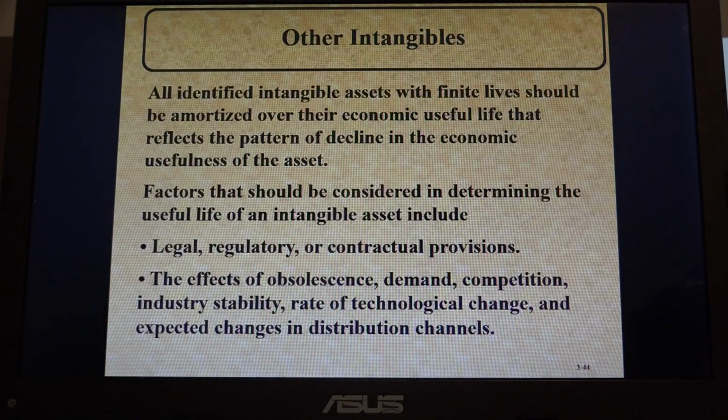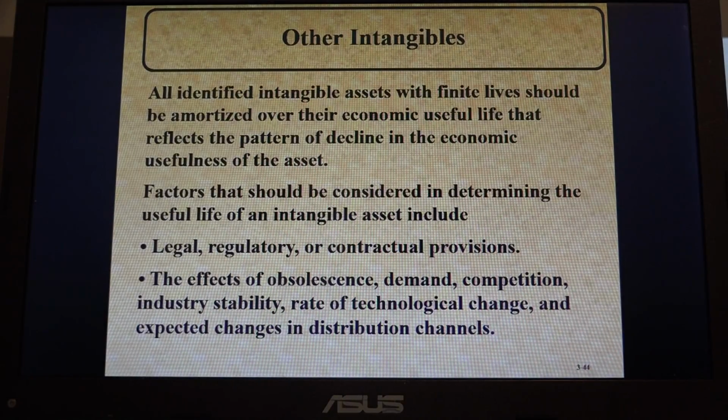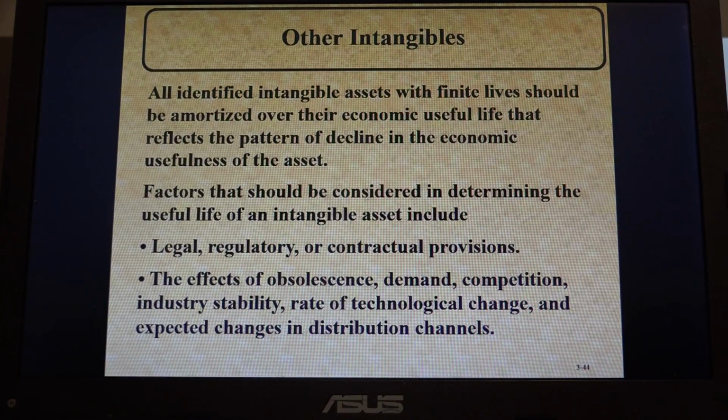Now, you might have other intangibles, and I think there was an example earlier where this Sun company had, I believe trademarks was one of the assets that they had. Let me look back here.